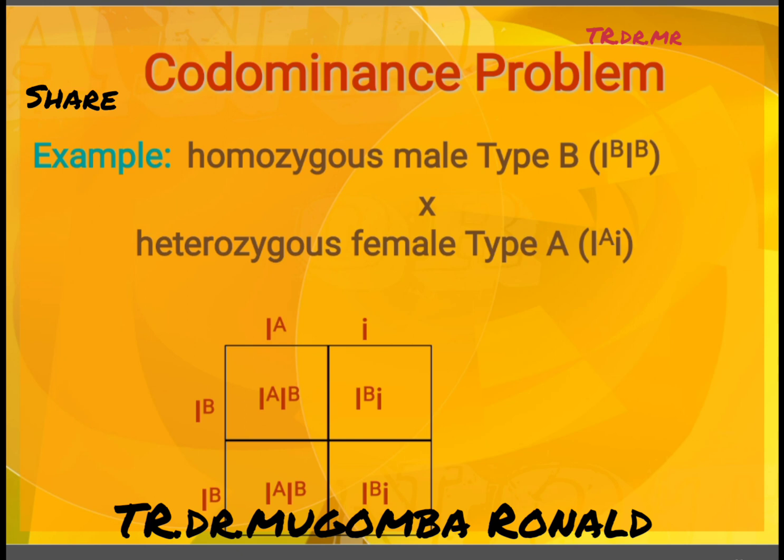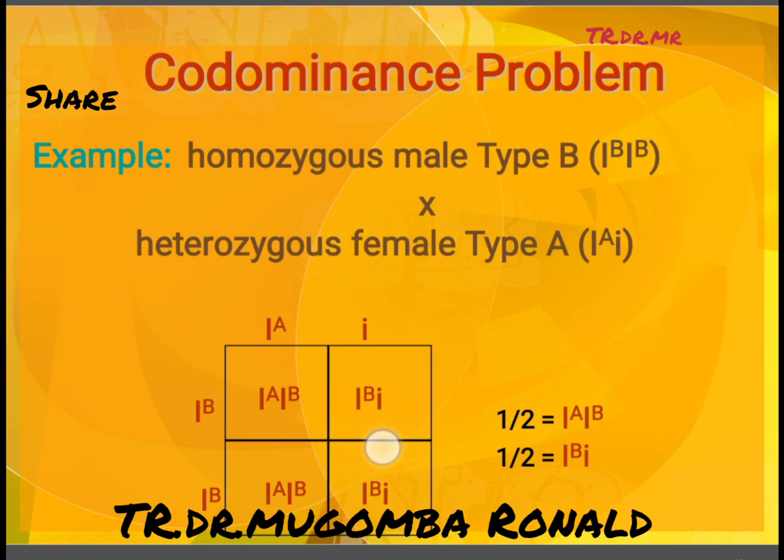These are your offspring. So you will have this cross with this, and that will give us blood group AB. Then this with this will give you blood group AB. Then this with this will give you blood group B, and this with this will give you blood group B. Why is it blood group B?